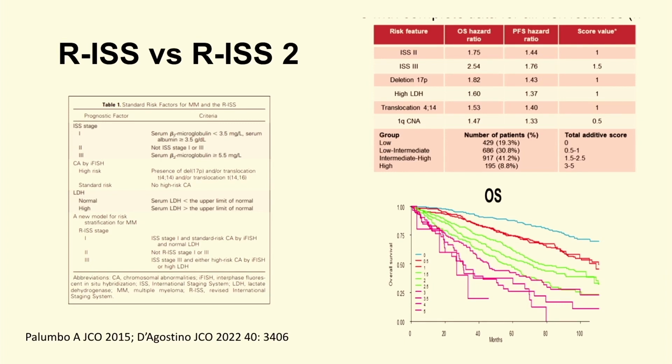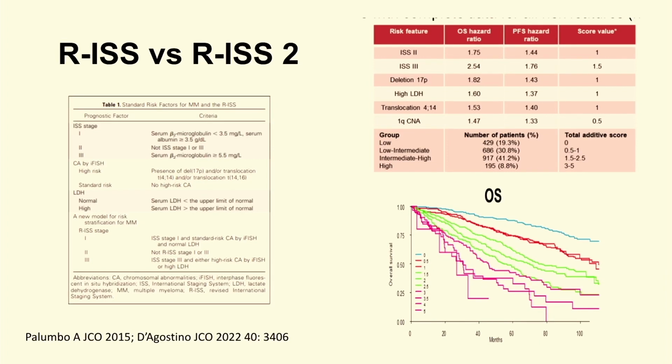So you can take all of those and come up with 3 different grades, the top one called Revised ISS-3. Now, we know that people who fall into that category have a higher likelihood of harder to treat myeloma, but more recently, and this is what's shown here on the right, we're revising this further because the old schema didn't include changes in chromosome number 1, which we think are important.